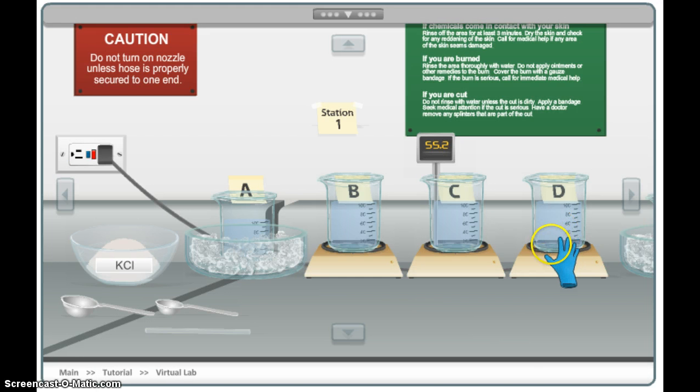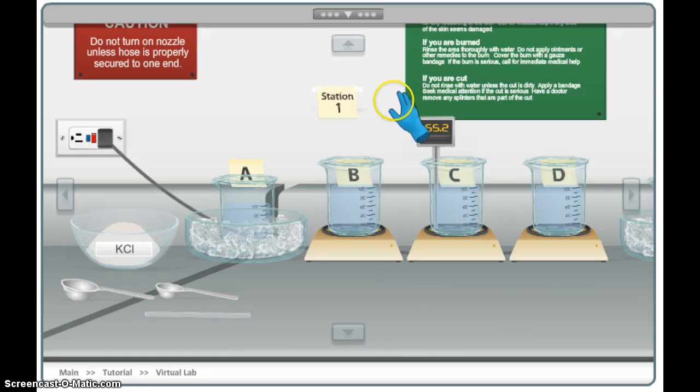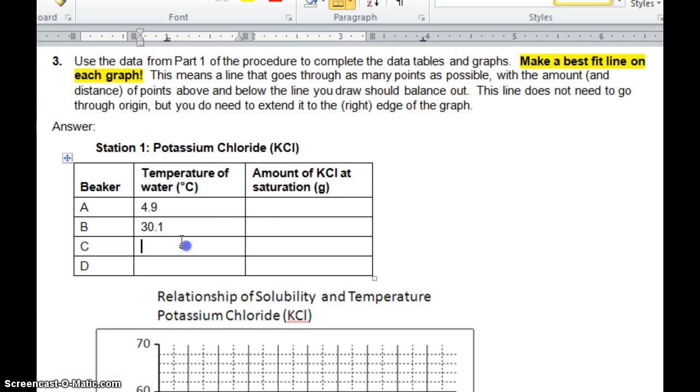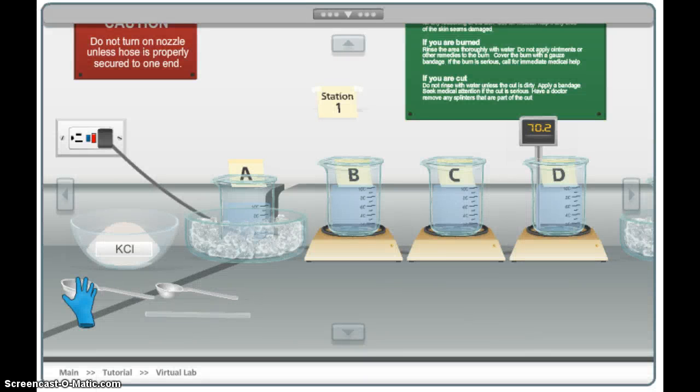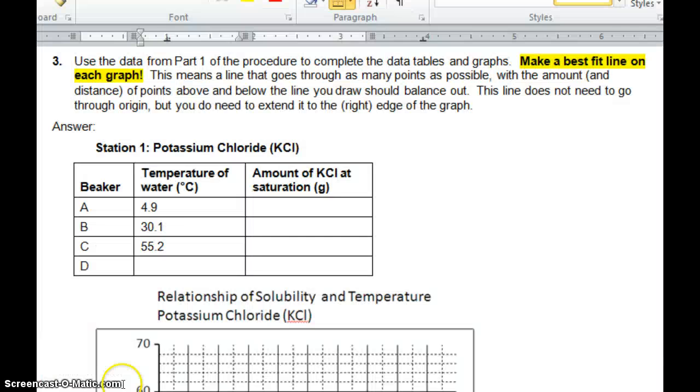And beaker C is 55.2 degrees Celsius. And now we need the temperature of beaker D, which is 70.2. So what's happening to our temperature as we go from A to B to C to D? Our temperature is going up.